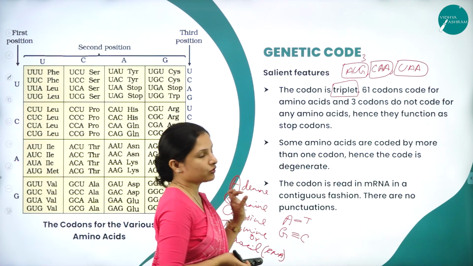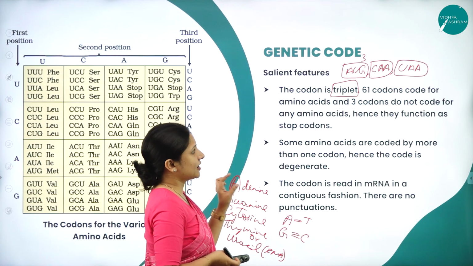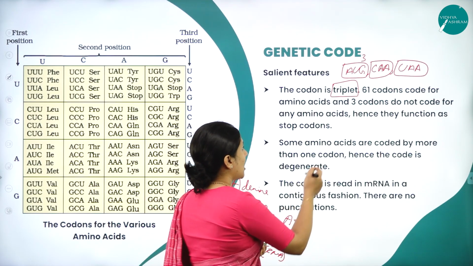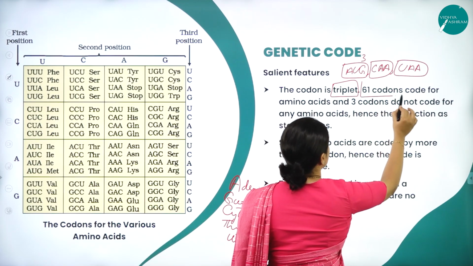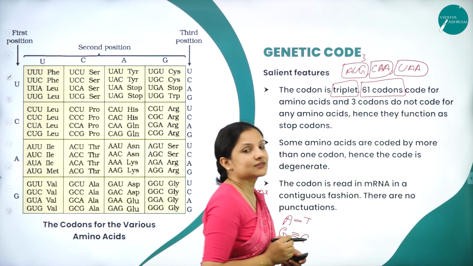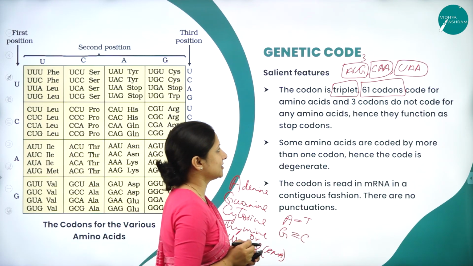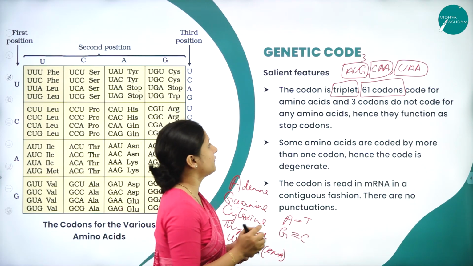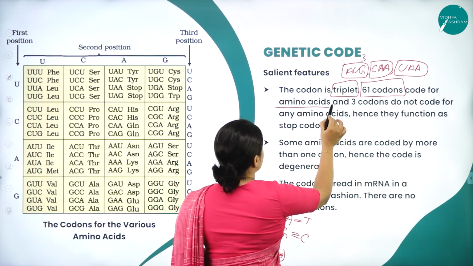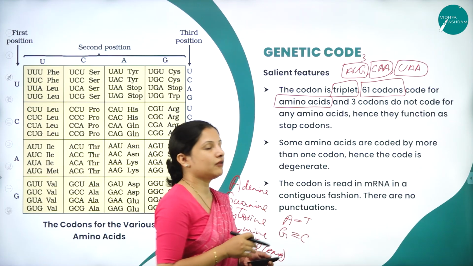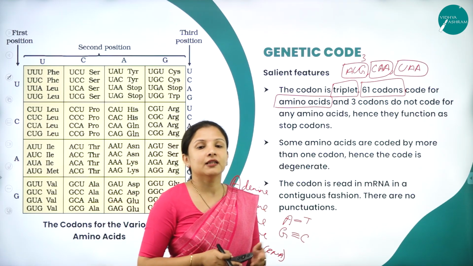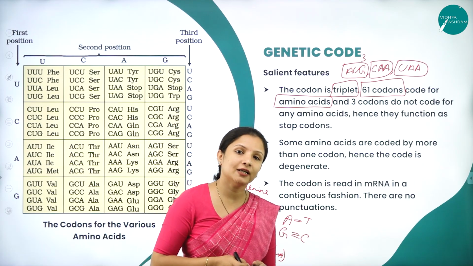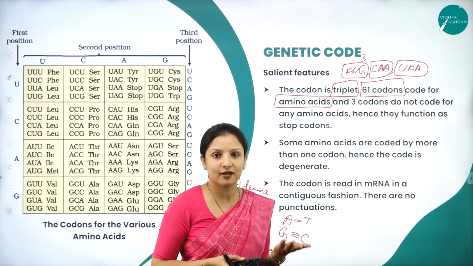That is how triplet codons are represented, and in different combinations there are totally about 61 triplet codons that are present, and these 61 triplet codons code for different amino acids. In a body there are 20 to 21 types of amino acids like lysine, tyrosine, valine, leucine, serine, all of which you have studied in your first PUC as well as your 11th, right?